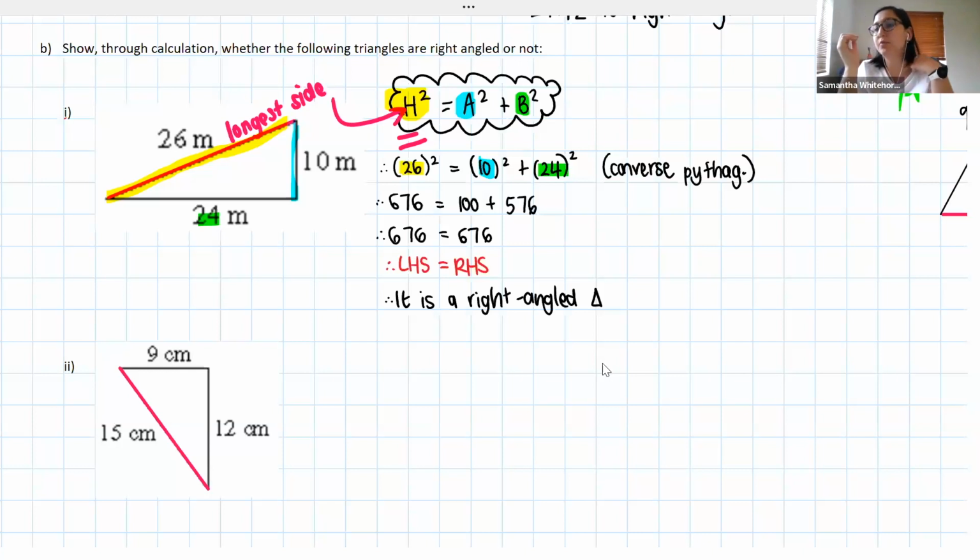Remember, you're trying to prove whether or not the left is equal to the right. I like what I'm seeing so far in the chat. Let's keep it coming.